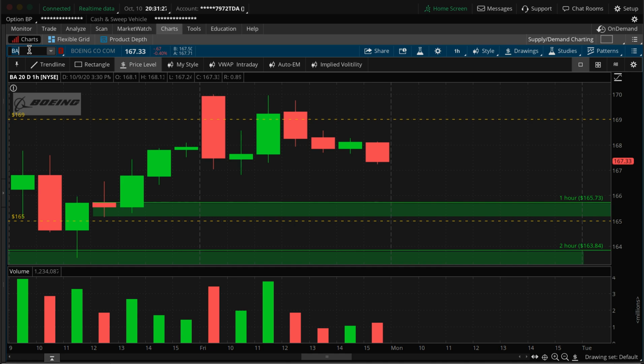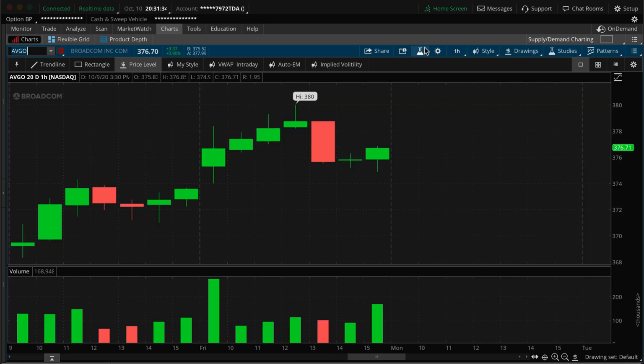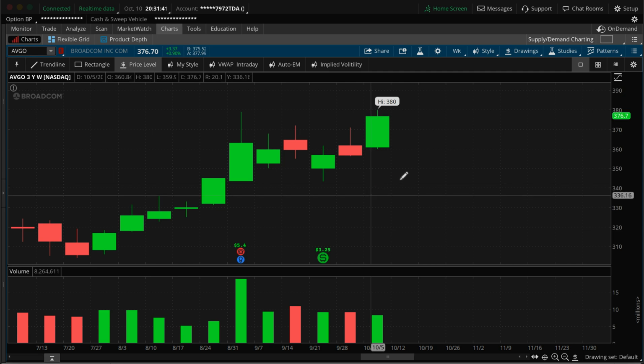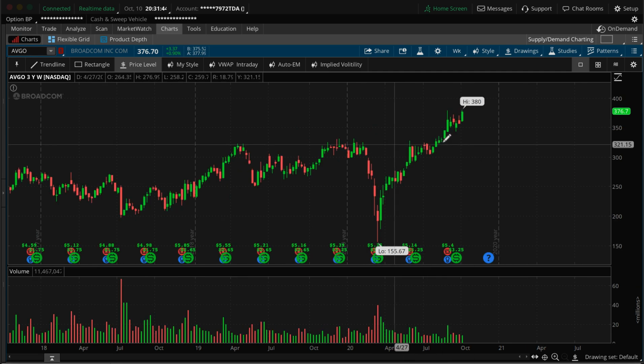We will look at a stock that someone recommended, and we will actually chart it to go over that. So this is AVGO, Broadcom. Typically I start at the weekly zone and then work my way down, looking for something around the price that we're at.